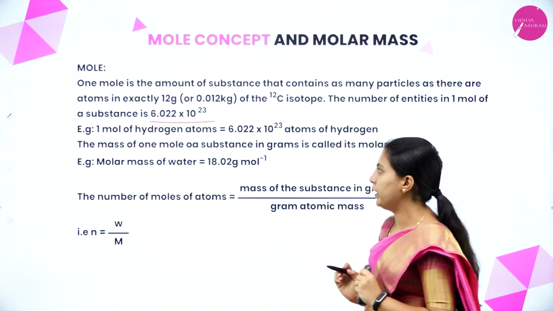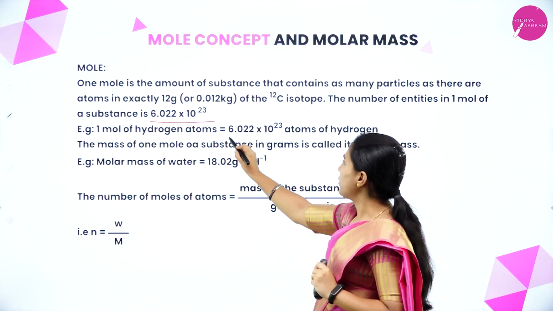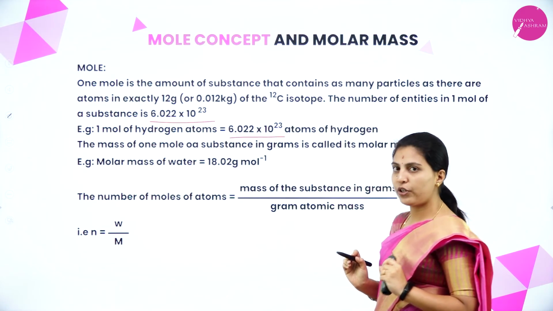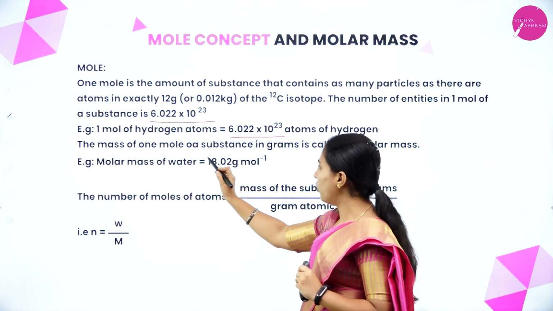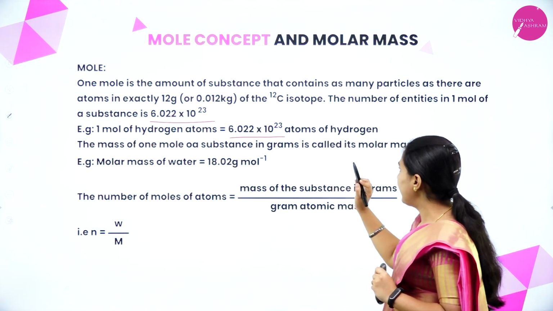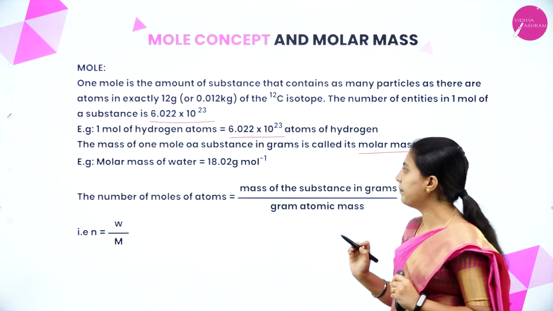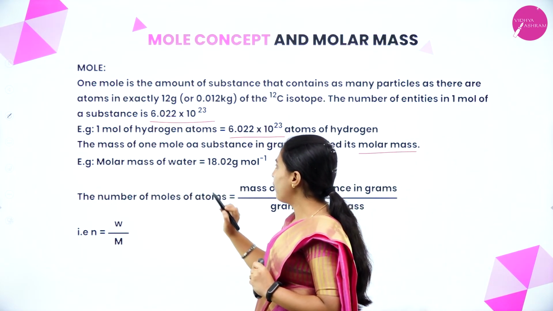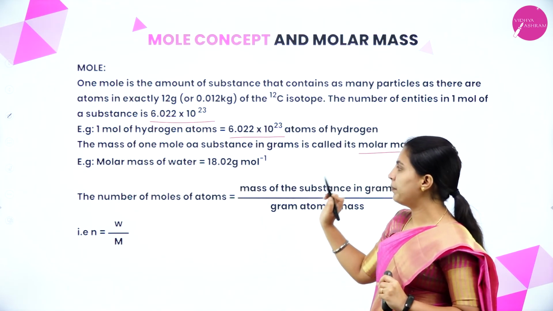Example: 1 mole of hydrogen atoms is 6.022 into 10 to the power of 23 atoms of hydrogen. The mass of 1 mole of a substance in grams is called molar mass. The molar mass of water is 18.02 gram per mole.